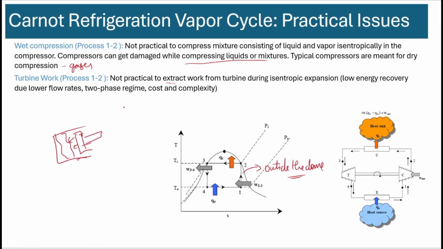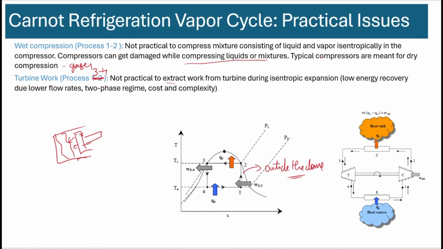It'll damage the turbine. It could cause an unsteady rotation of the turbine, and it's not very feasible to extract work. So because of these two processes, process 1, 2, and sorry, this process is 3, 4. Because of these two processes, the Carnot vapor cycle is really not practical.